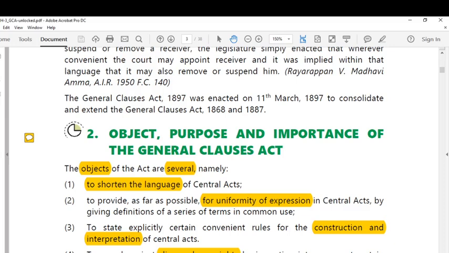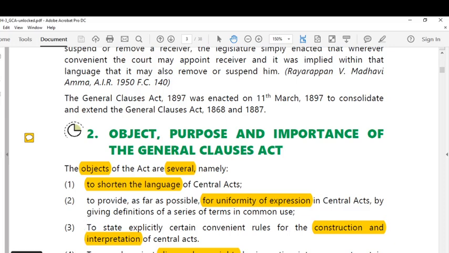By having the General Clauses Act, the content available in it with regard to various definitions and various rules of construction of the statutes need not be repeated, need not again be stated in each and every act, so that the language of these central acts will get shortened.